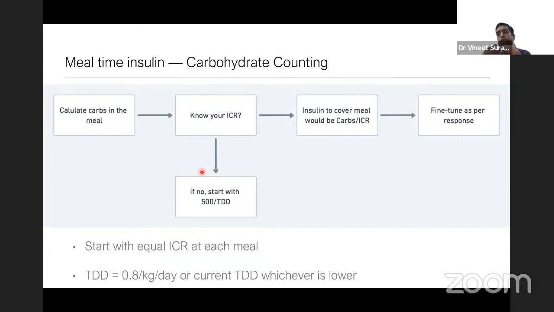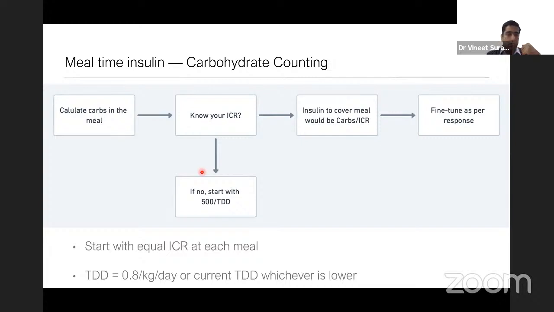And then we need to fine tune as per the response, and slowly over the next 2 to 3 months, parents and the child both know what their ICR is during breakfast, lunch and dinner, and accordingly it can be fine tuned. So start with equal ICR at each meal and later on it keeps changing.